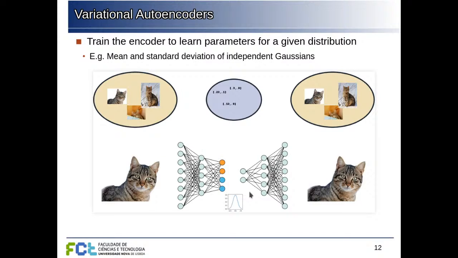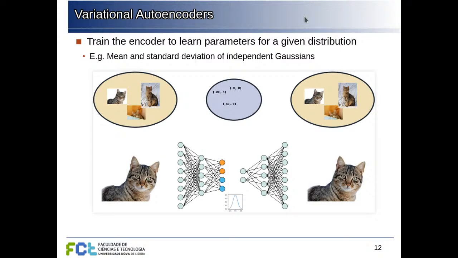And this regularization serves to make the manifold here that these representations will cover more well behaved, so easier to sample meaningfully from and allow us to generate these images.